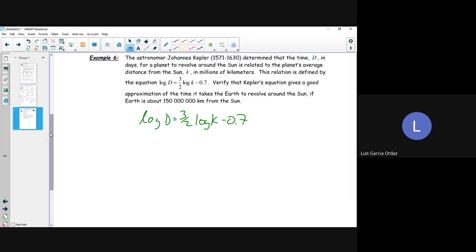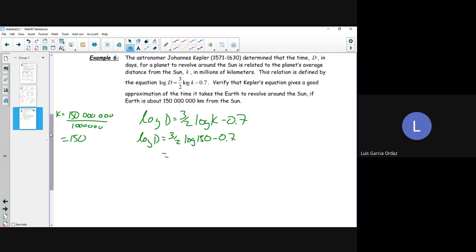K would be 150. The reason why is because it's in millions of kilometers. So we have to take 150 million and divide that by 1 million, which gives us a value of 150. So we get log d is equal to 3 over 2 log of 150 minus 0.7.